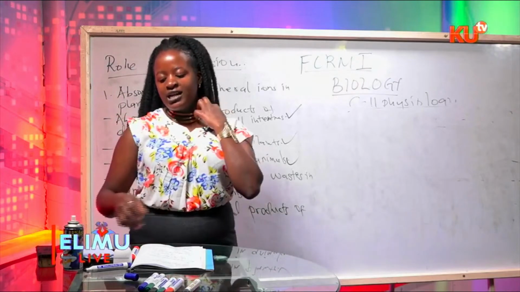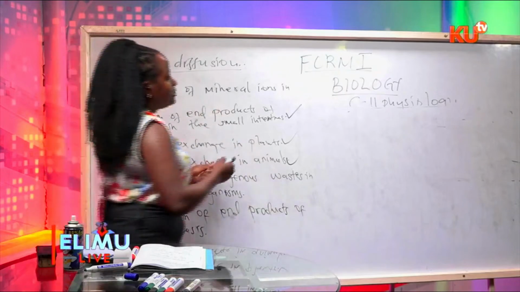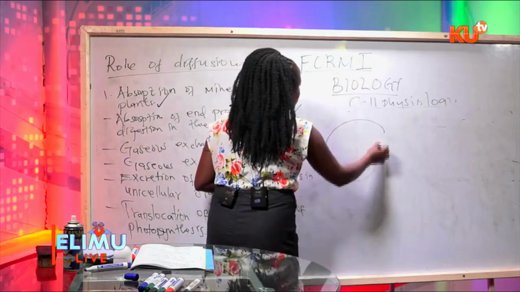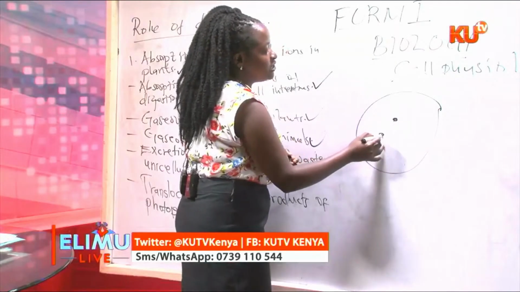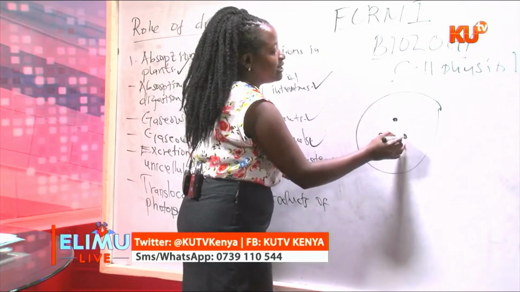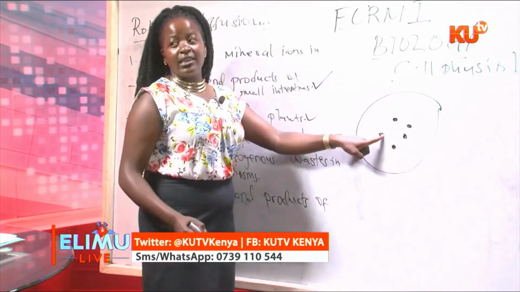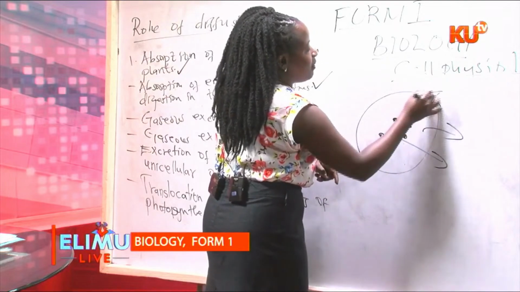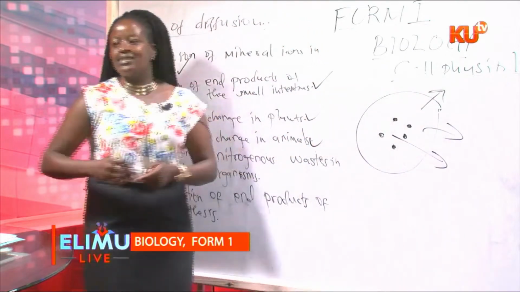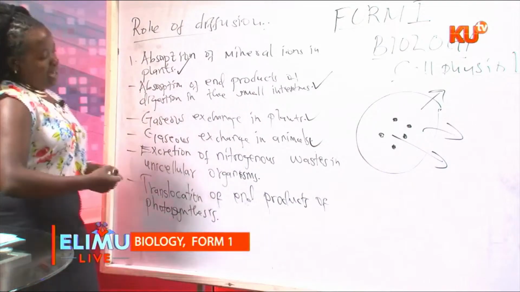This nitrogenous waste is greater in concentration inside the body of the amoeba, assuming this is amoeba. So if this is our nitrogenous waste, it is in greater concentration inside the body, and now it will get out of the body of that amoeba through the process of diffusion.